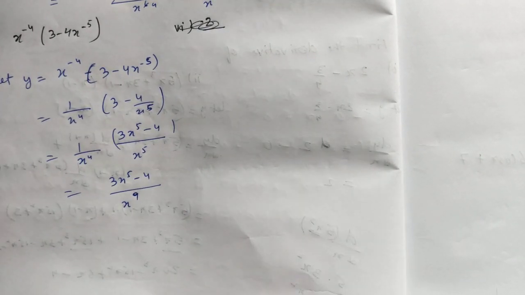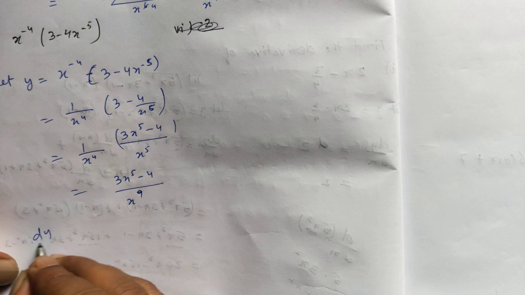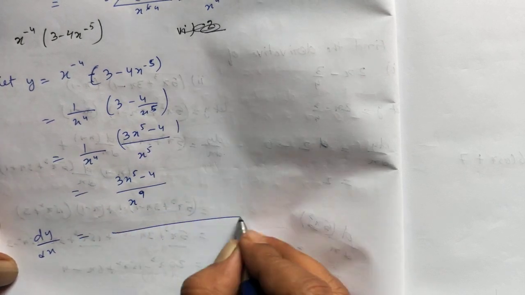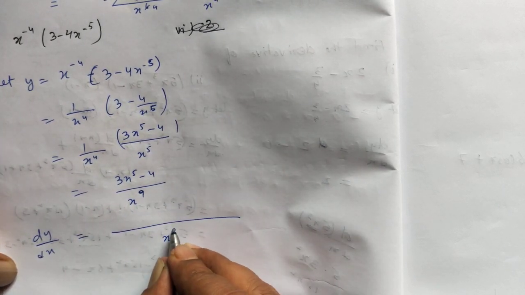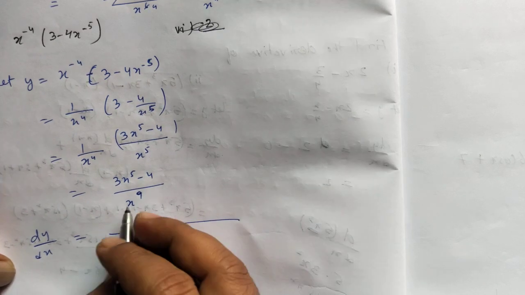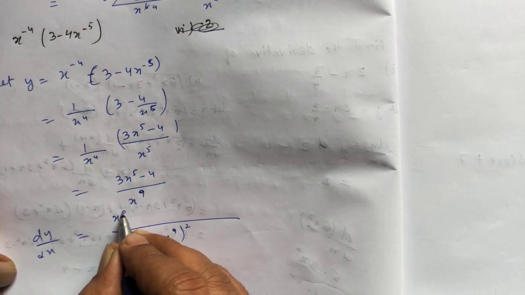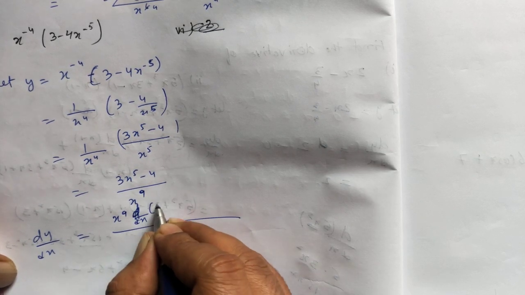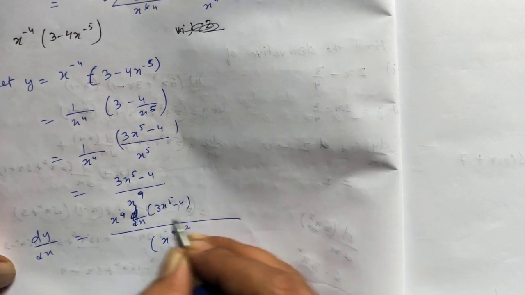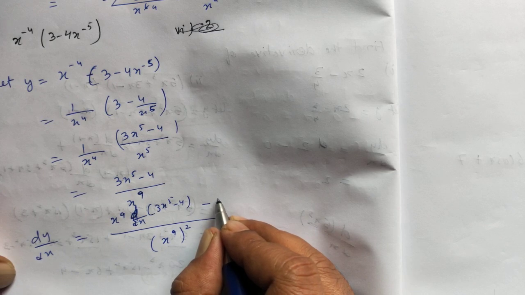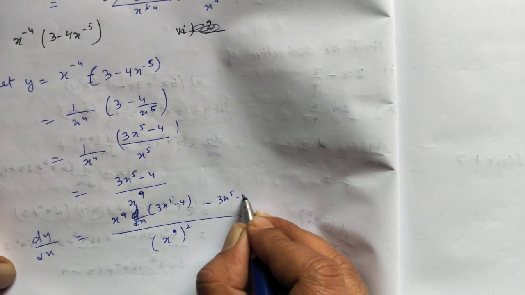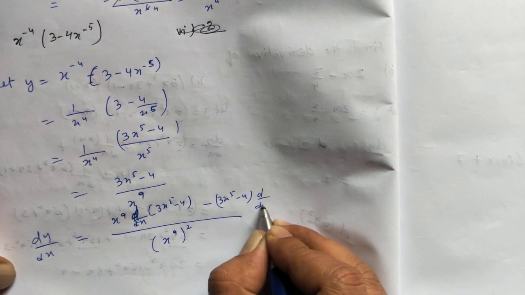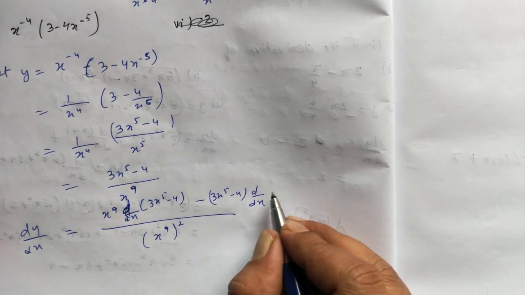So derive this using the division rule, or let me do it for you. Downside will be square. d by dx of 3x^5 minus 4 minus 3x^5 minus 4 by d by dx. We'll derive this x power 9.